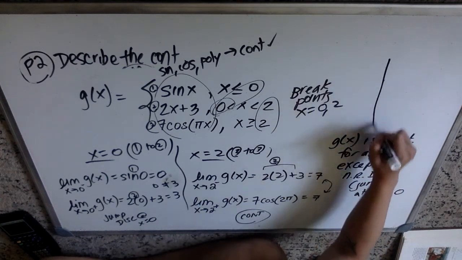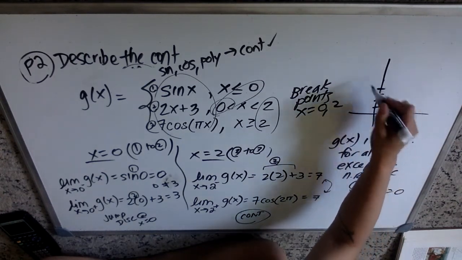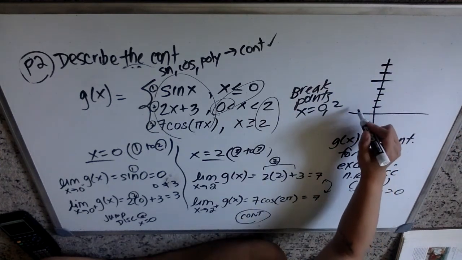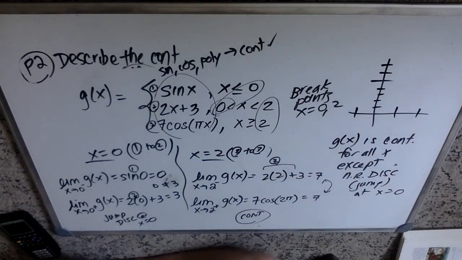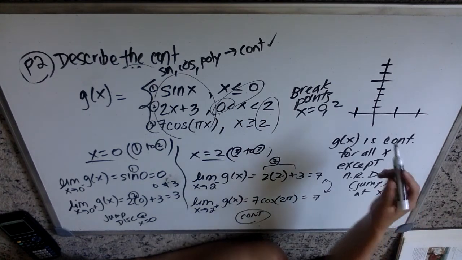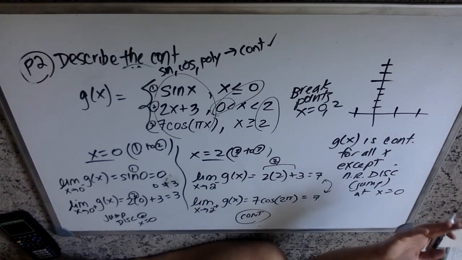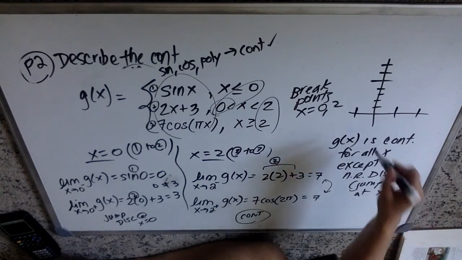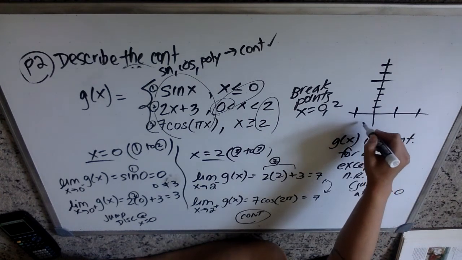If you chose to graph this, sine is a little bit tricky because if you're going by ones, that's tricky. But sine's going to look something like this.